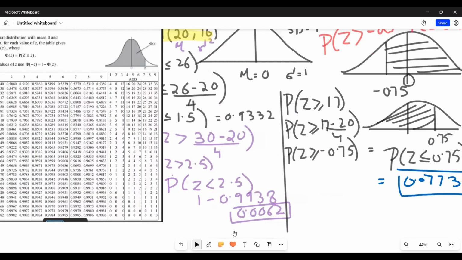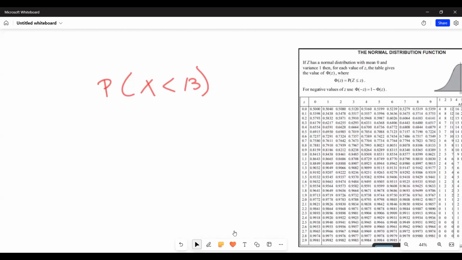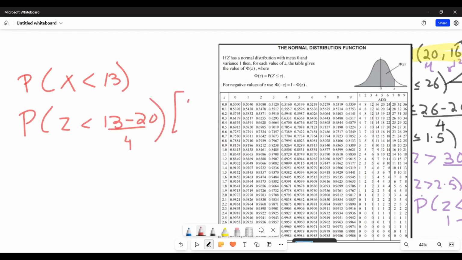I should have written X, because Z is when mean is 0 and standard deviation is 1. This is X at the moment. So you can change it to Z by subtracting the mean from it and dividing by the standard deviation, so that now the mean is 0 and the standard deviation is 1. Then you change it to Z.